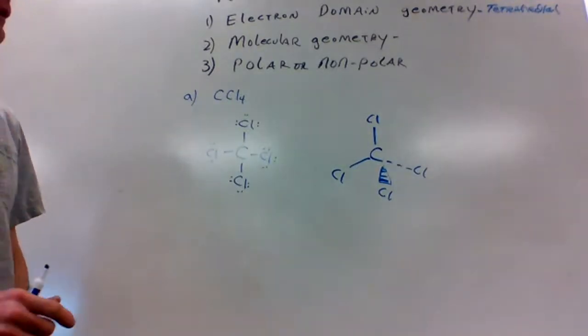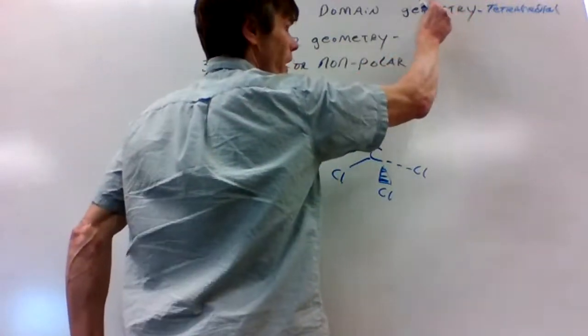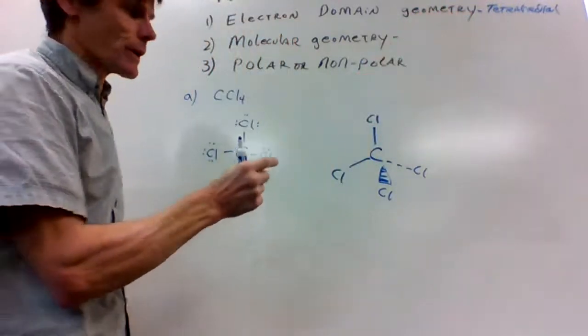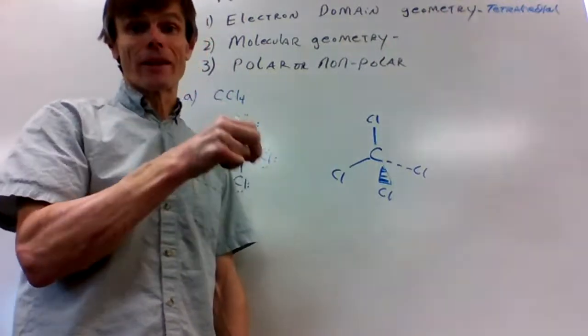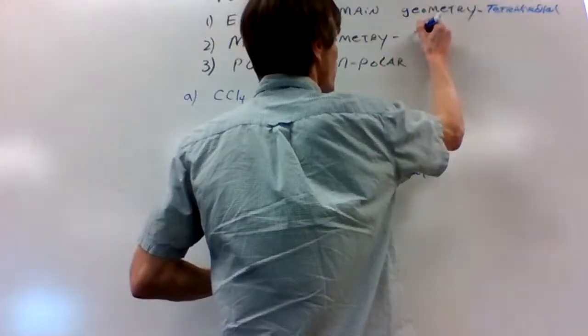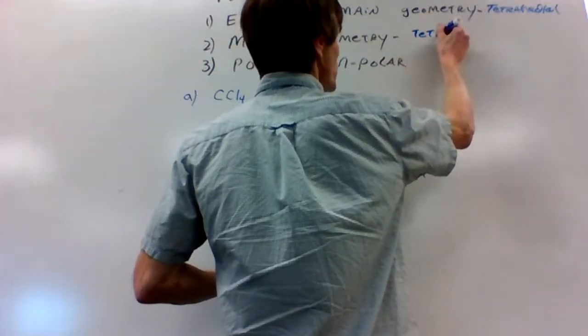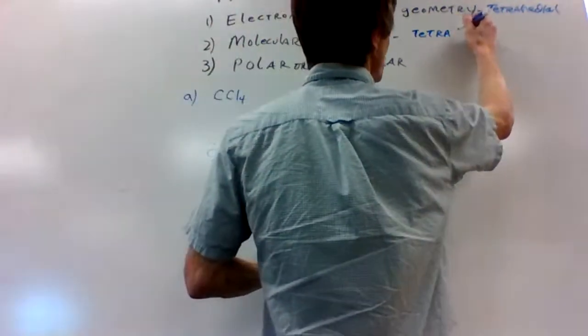Now, notice our molecular geometry will be identical to our electron domain geometry because for this situation, there are no lone pairs of electrons on the central carbon atom. And this would be true for any situation in which a central atom does not have lone pairs of electrons.